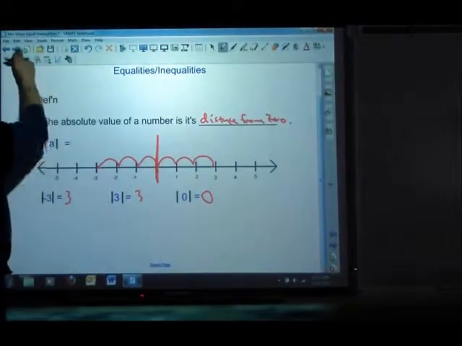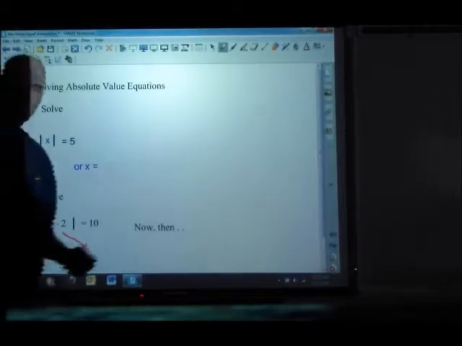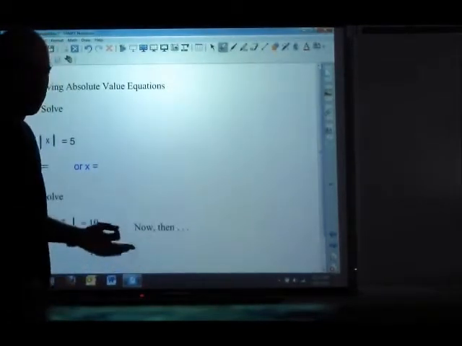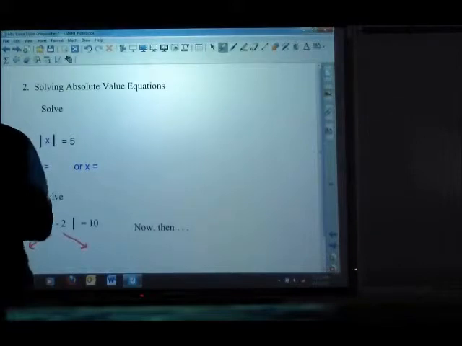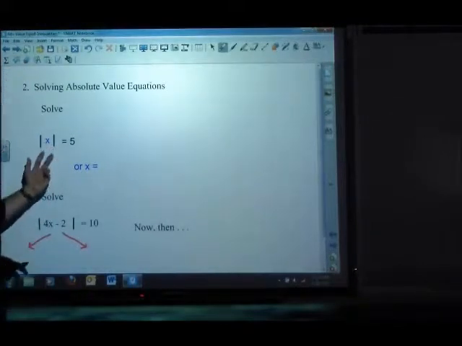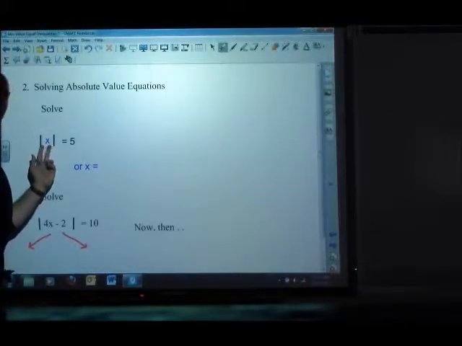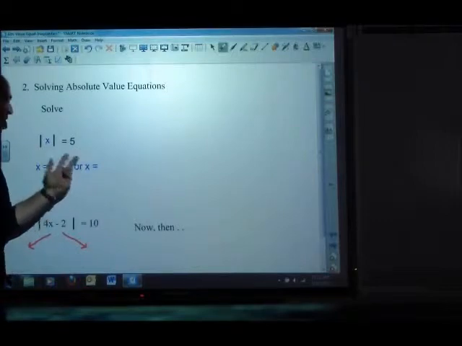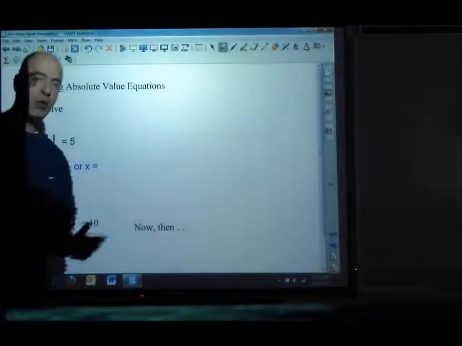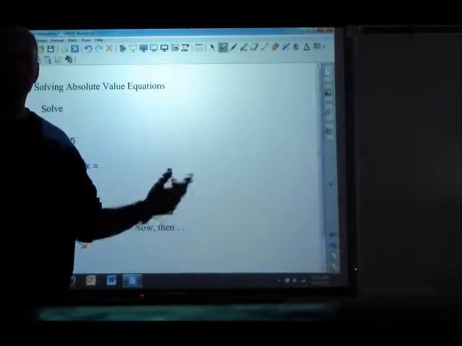Now, what you're going to see is situations with absolute values in equations. Here is about as basic a problem as you can see. What number, if you took its absolute value, would give you 5? Translating math into English, I'm asking which numbers are 5 away from 0.